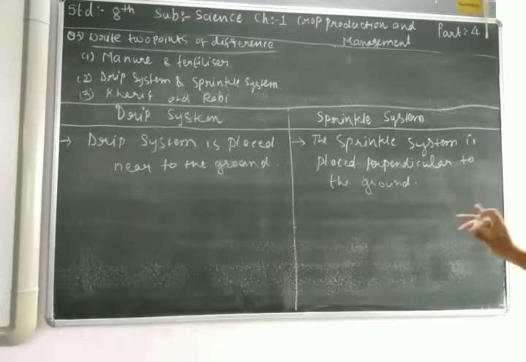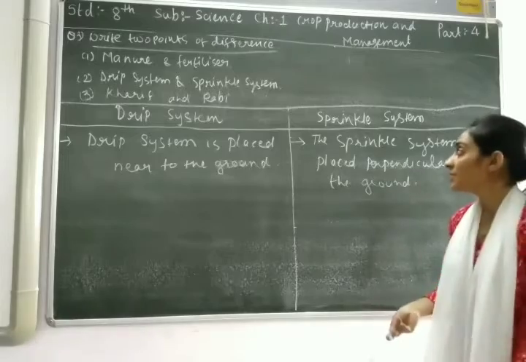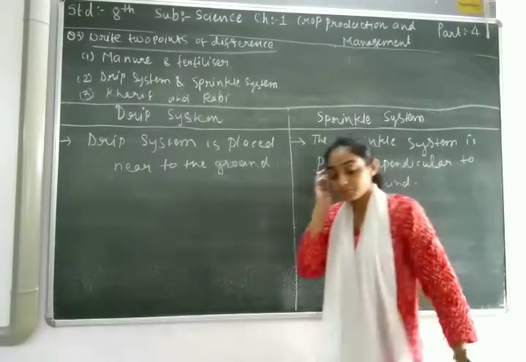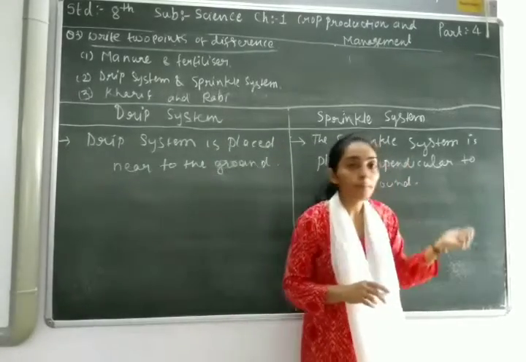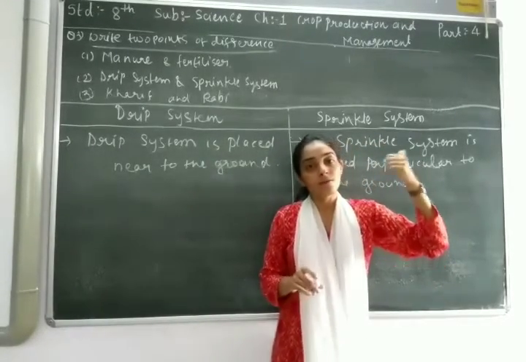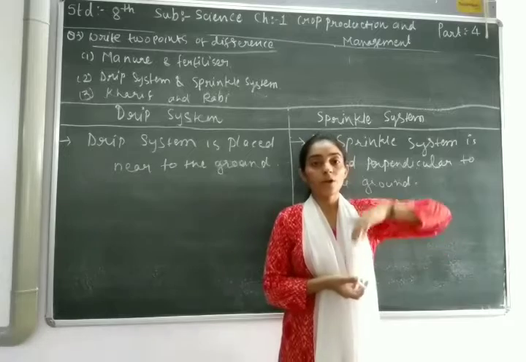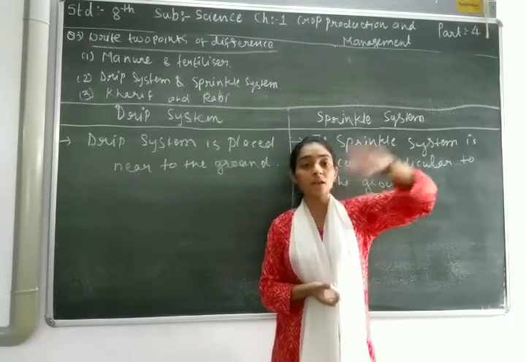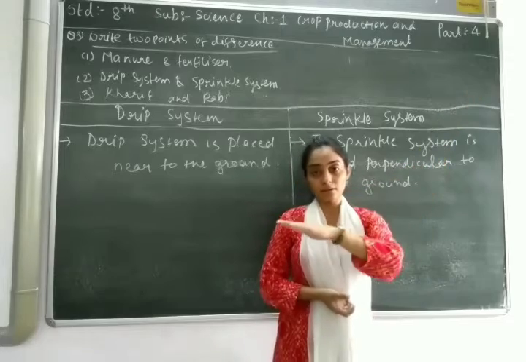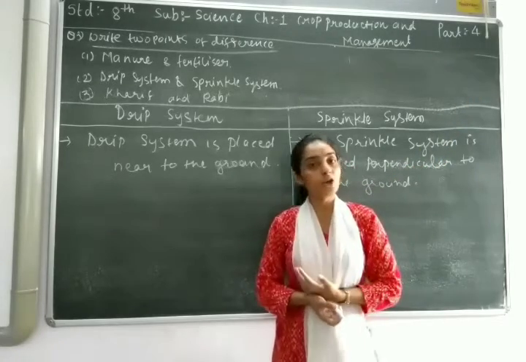Okay. Now see the second point. You can write that one. We have seen that the sprinkler system is mostly used in hill areas where coffee plants grow. Okay, so in hill areas we have seen that the land is uneven. Somewhere it's sloping.